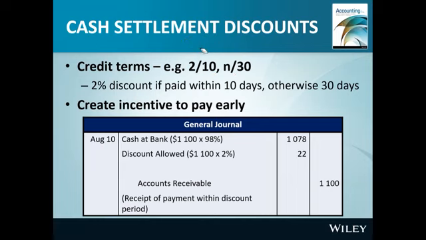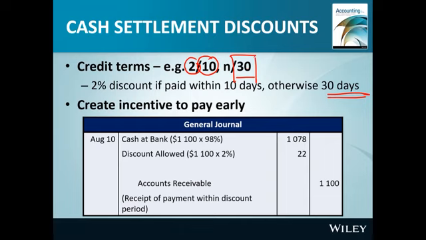So if your customer makes payment within 10 days, you're going to give them 2% discount, meaning less payment. And they must make payment within 30 days. So this is the period of credit given to your customer.